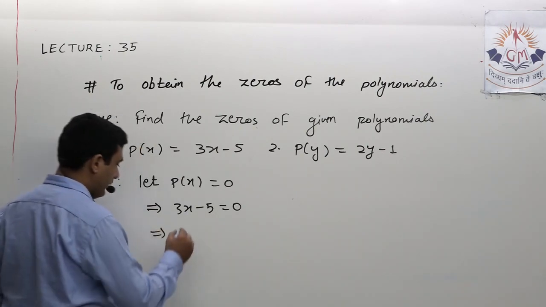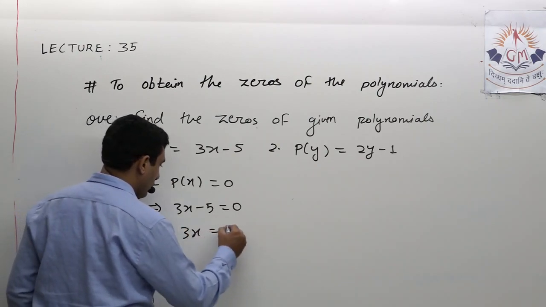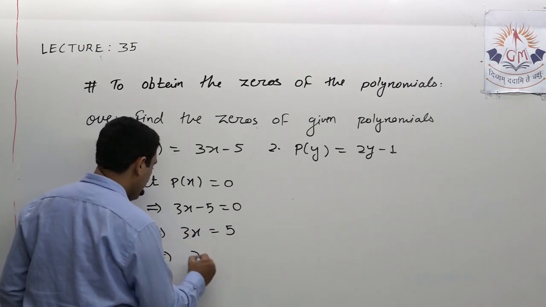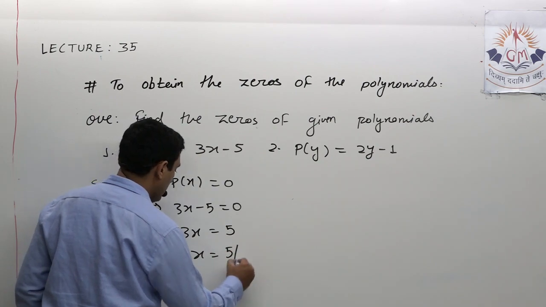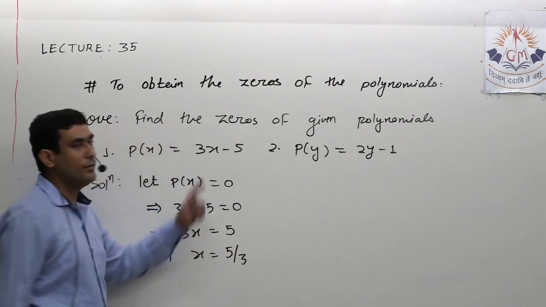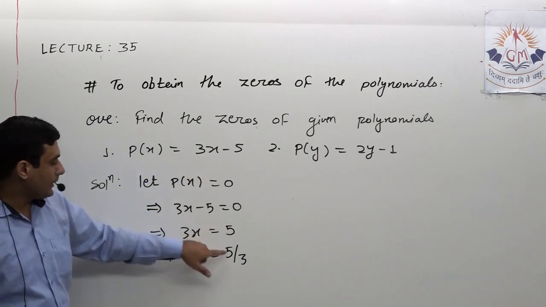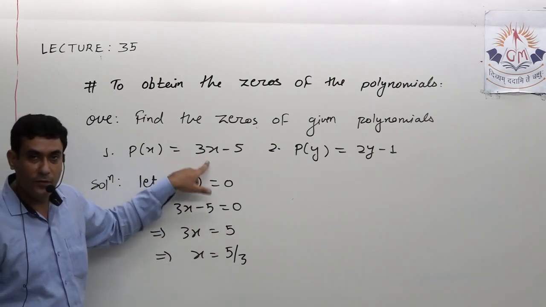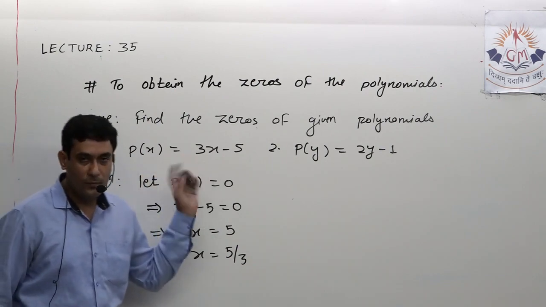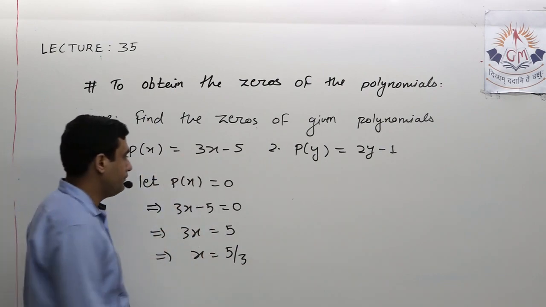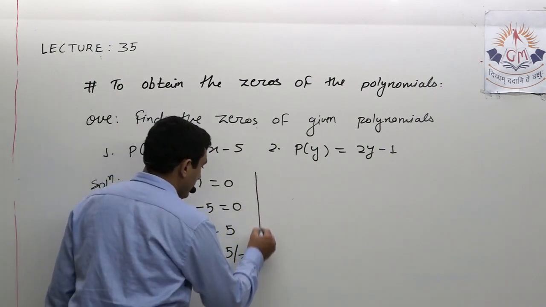Here the unknown is x. So 3x is equal to 5. Therefore x equal to 5 by 3. So 5 by 3 is the 0 of the polynomial. If you want to verify it, you can check. If you put x equal to 5 by 3 over here, definitely the value of the polynomial will be equal to 0.